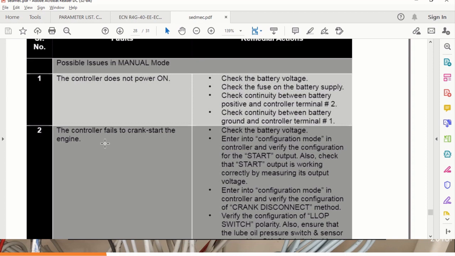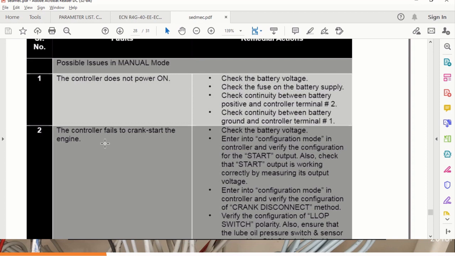So in the starting circuit, which are the critical components that we have to think of? Always the DG battery and then the self starter. These are the two critical components playing a significant role in the starting circuit. If the DG battery is down or flat, it will not provide sufficient torque and there will be a crank failure.